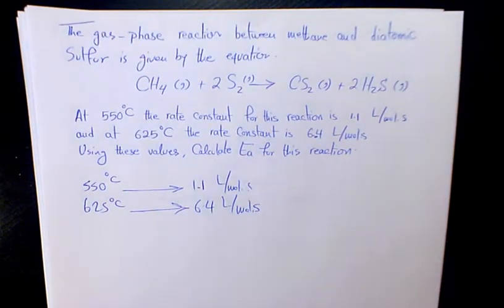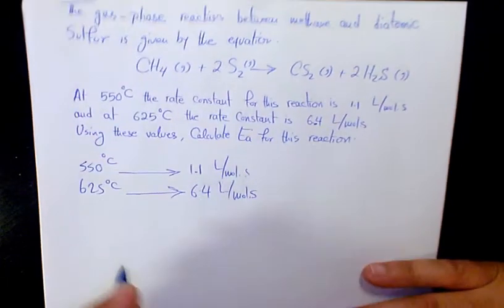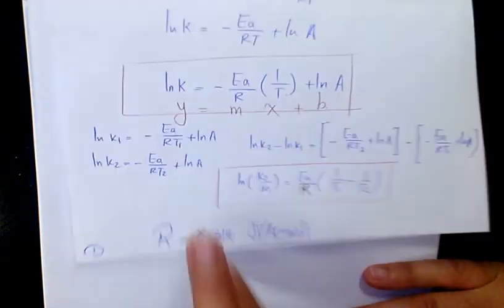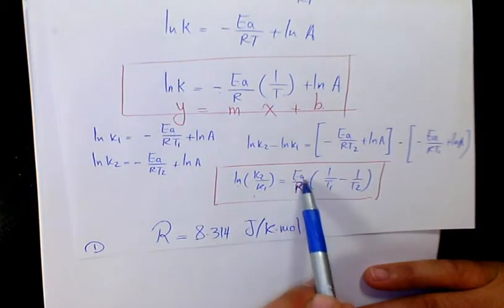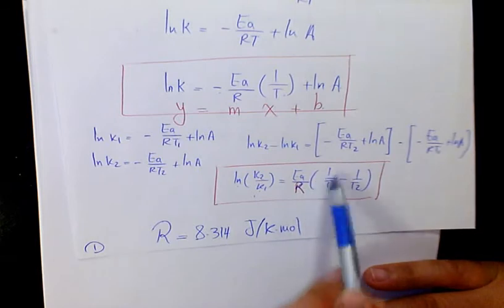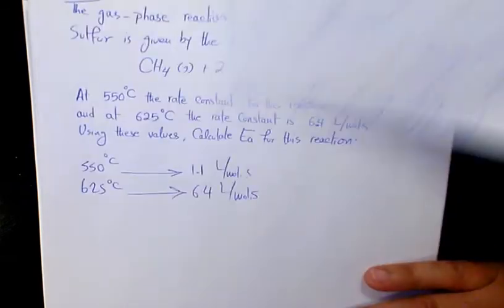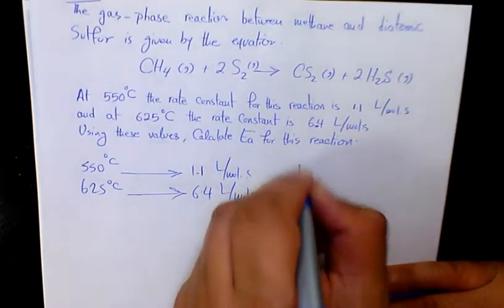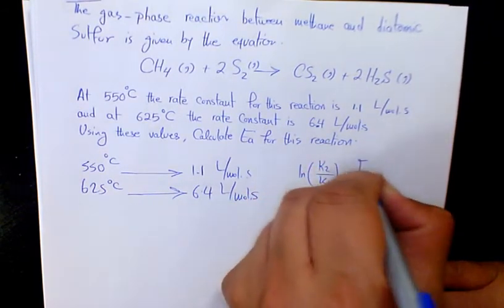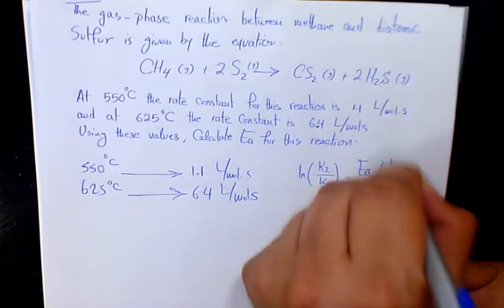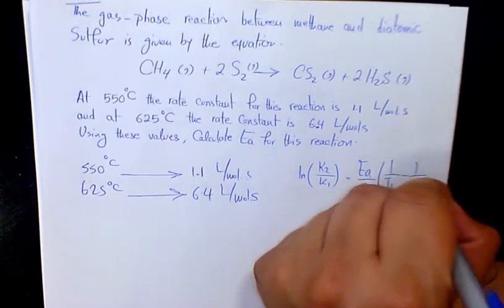Using these values, calculate EA for this reaction. So we can say, based on the formula we got in here, ln K2 over K1 equals EA over R times 1 over T1 minus 1 over T2.